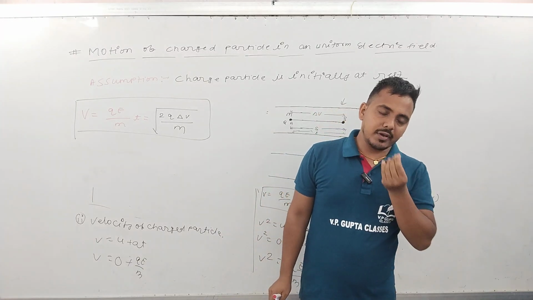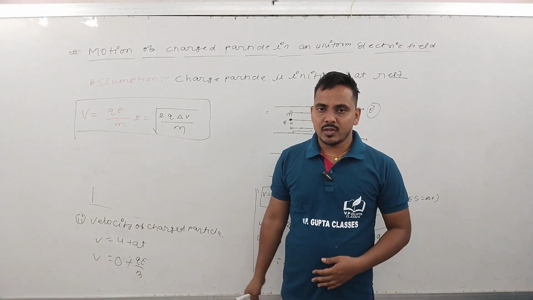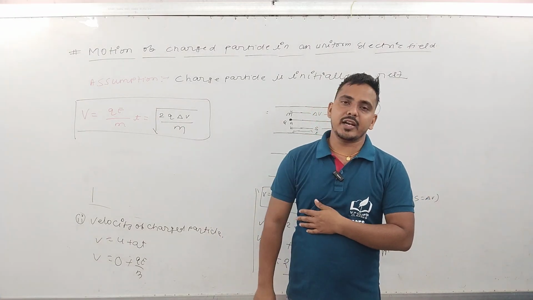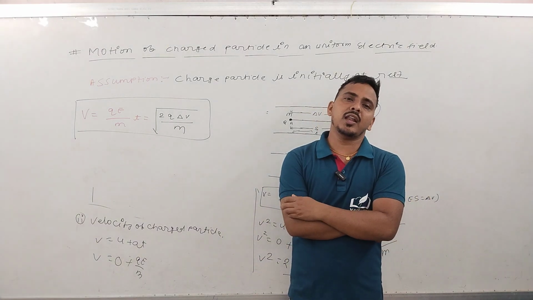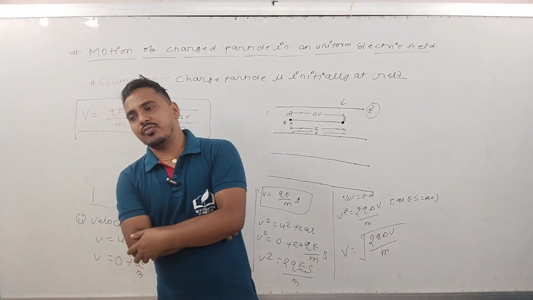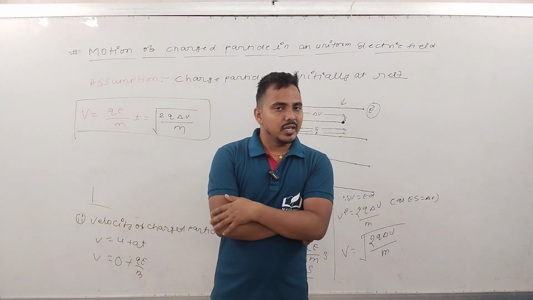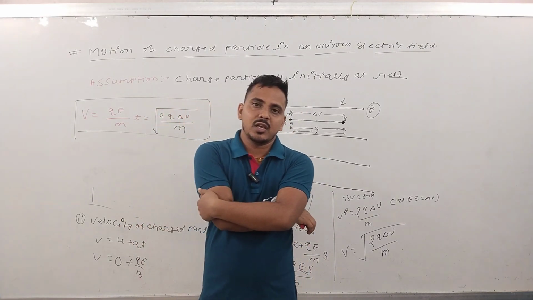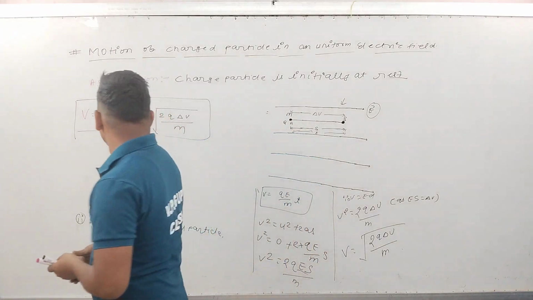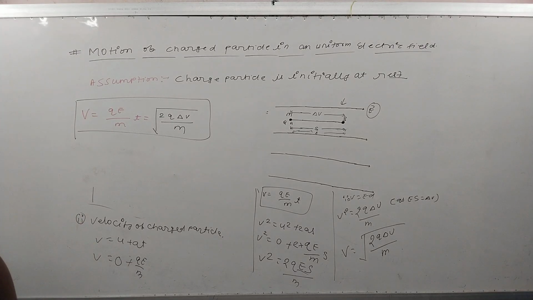If the questions are given in terms of del V, q and m, then we apply the formula and get the velocity of the charged particle, if the initial velocity is 0. So now what is the momentum of that particle?